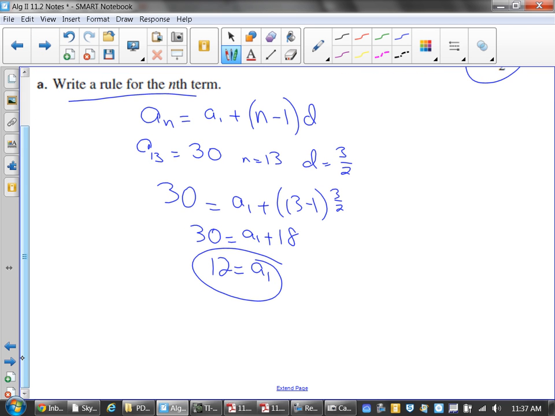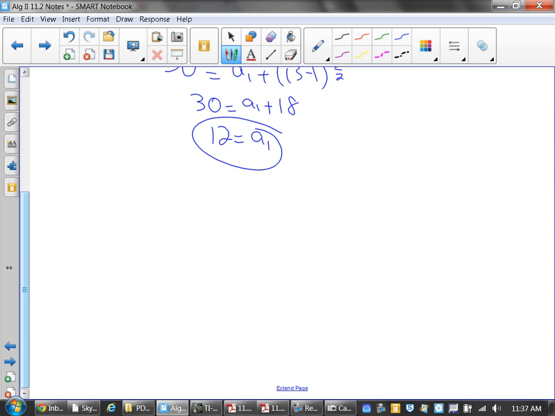So if you fall back to the original, your nth term, first term, n minus 1, that's your difference. Well, 12 plus n minus 1, that's 3/2. 3/2 is $1.50, right? What's $12 subtract $1.50? $10.50.